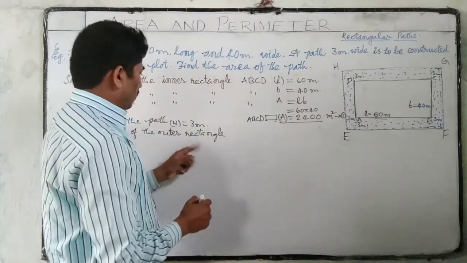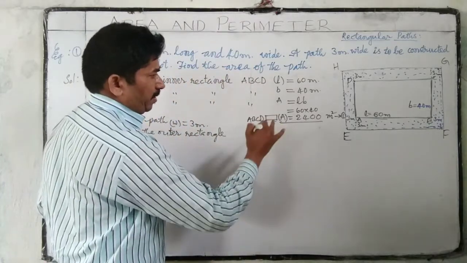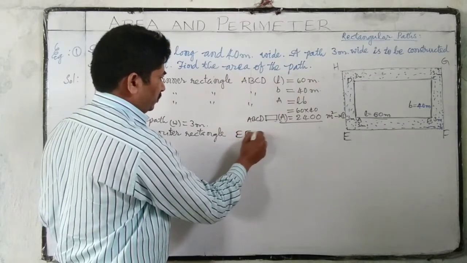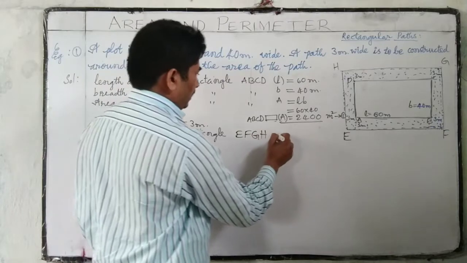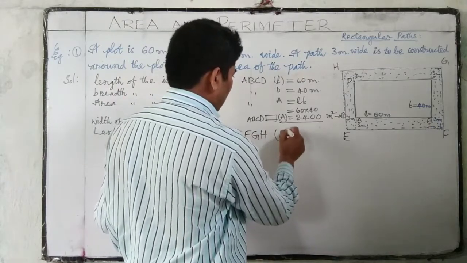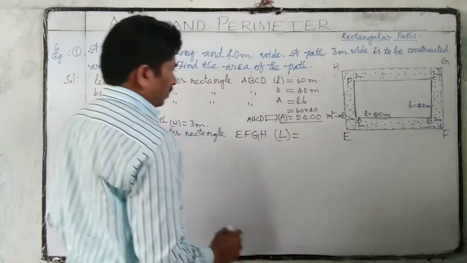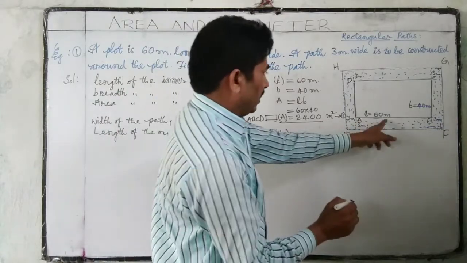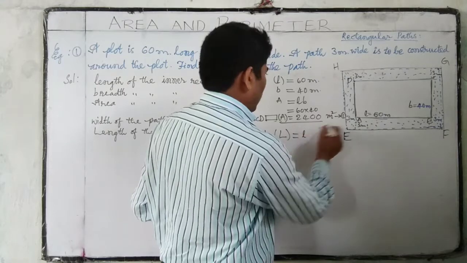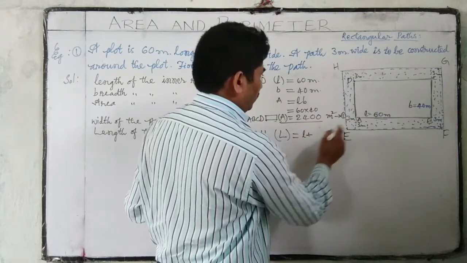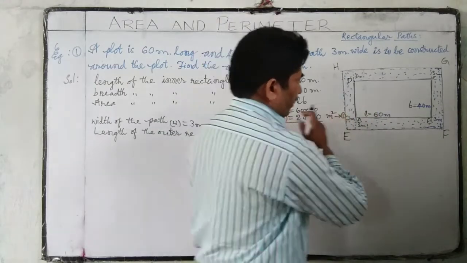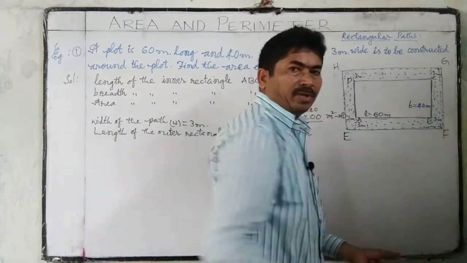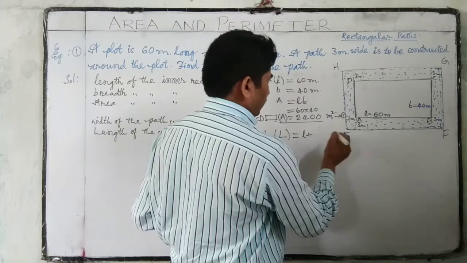Length of the outer rectangle EFGH, capital L, is equal to the length of the inner rectangle plus left side 3 meter width, right side 3 meter width.